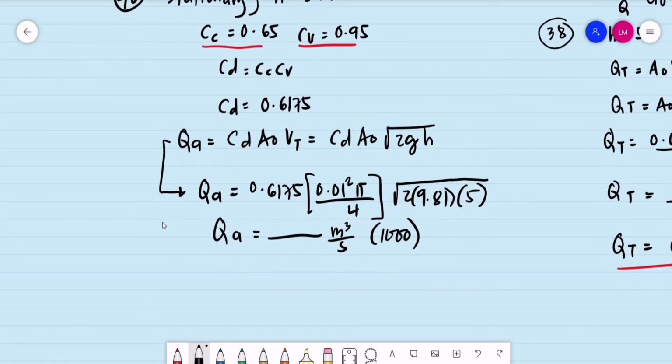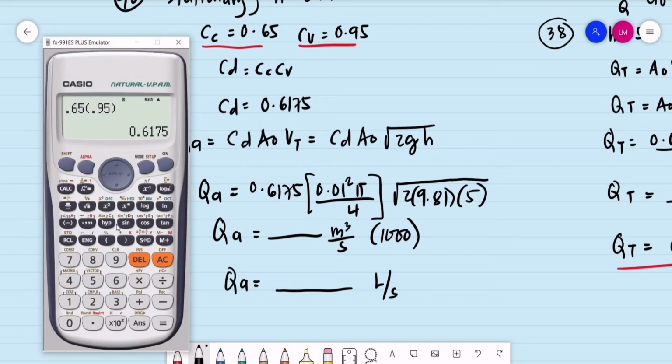Okay, since lahat naman yata yung nasa choices sa problem na to, situational problem, ay nasa liters per second. Kunin natin. It is 0.6175 ay multiplied by the area of the orifice, 0.01 squared times pi over 4.